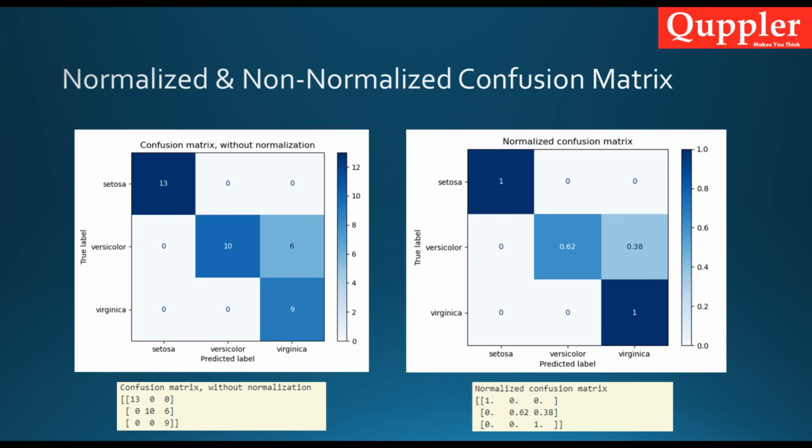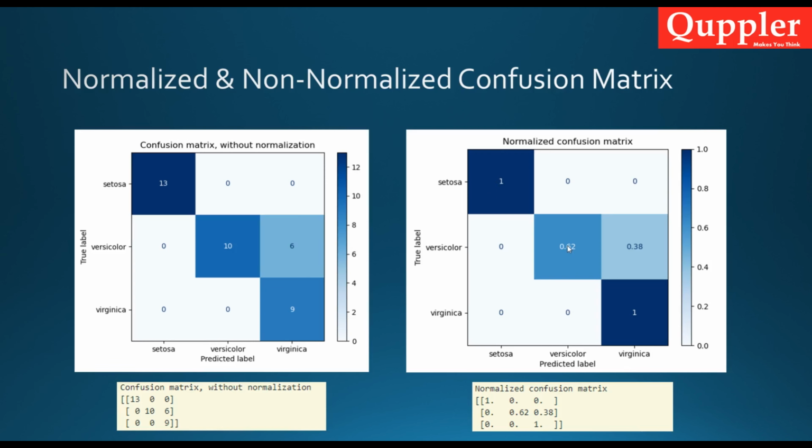So this is without normalization, and this is with normalization. In the case of normalization, the value is always between 0 and 1. So if you can see here, this is 1, which means all were predicted exactly, and the rest are 0.